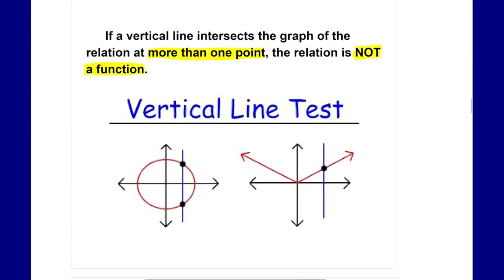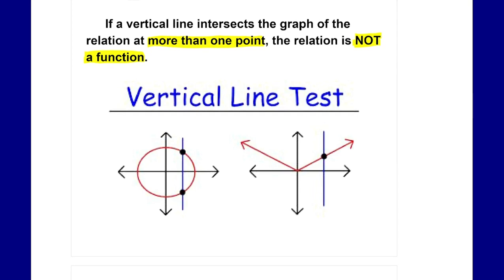So for example, we see our relations in red, sorry. And we can see in the first one, the vertical line crosses our red relation more than once. It crosses twice. So this is not a function.